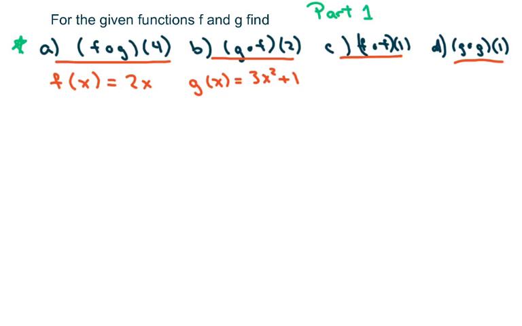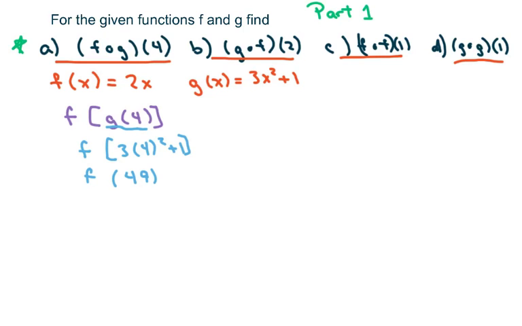So the first thing we're going to do is compose f with g of 4. We're going to deal first with the inner function, which is g of 4. So we're going to do f of g of 4, and g of 4 would be 3 times 4 squared plus 1, which equals 49, so f of 49.